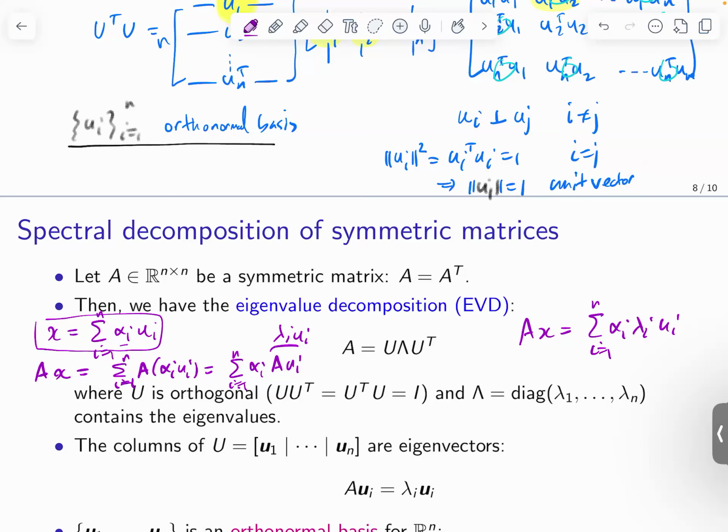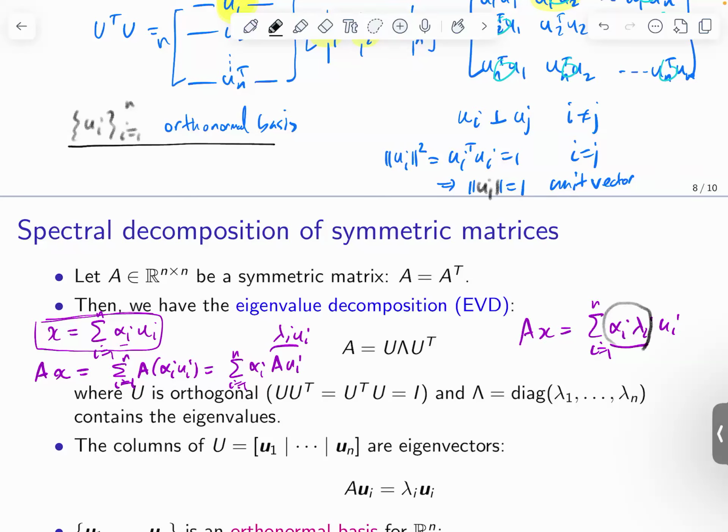So we can describe the action of A on any vector by just computing these quantities, because this is the expansion of x in terms of the basis, and this is the expansion of Ax in terms of the basis. So these are the new coefficients.